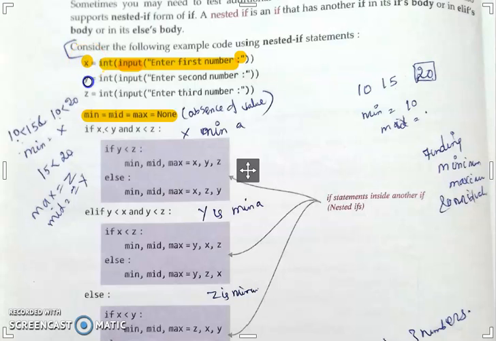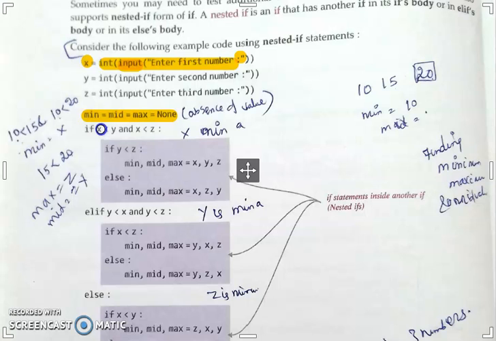That is x, y, z. 3 inputs are taken, and I am checking whether x contains the minimum value. So I am comparing the x value with y and z. Suppose x is less than y and z, then x is the minimum value. Now I have found that x contains the minimum value.